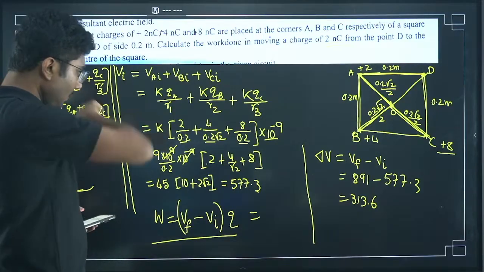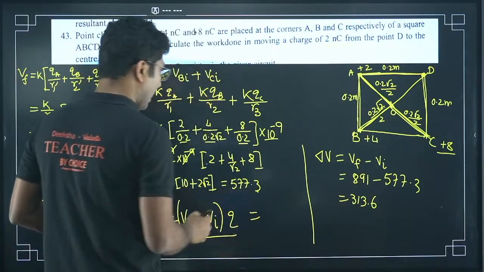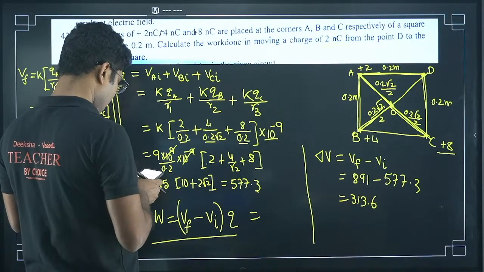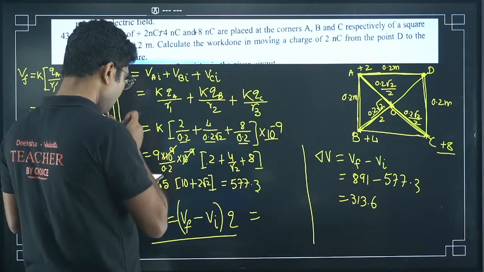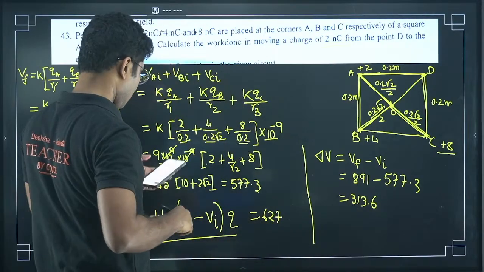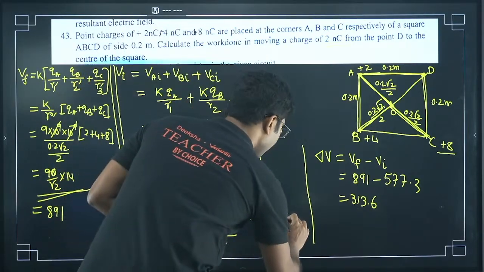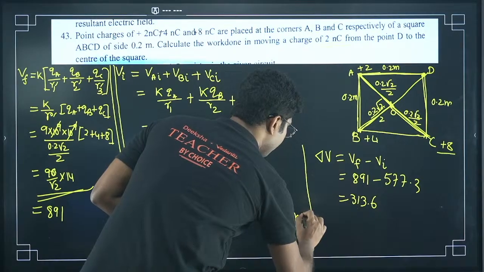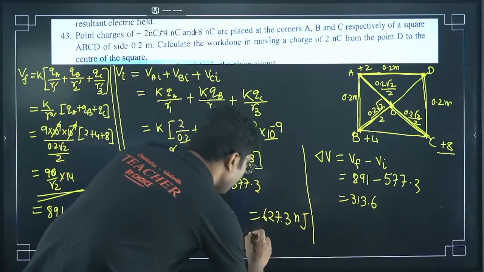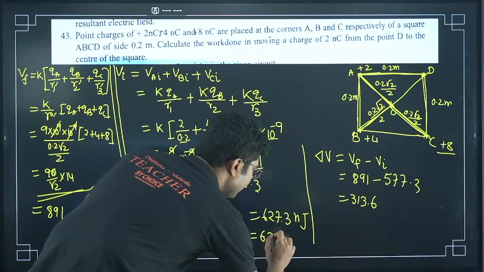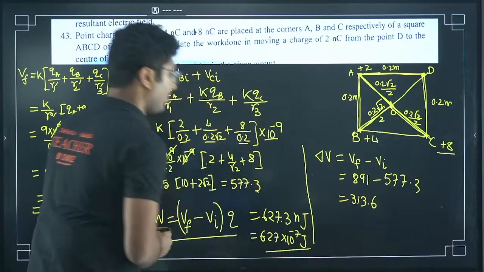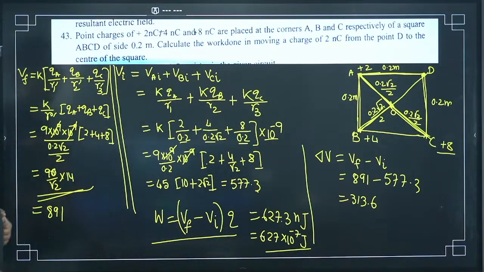Now you have to multiply it with 2 nanocoulomb. So it will be into 2. So it will be 627.3 nanojoules. Okay, either this, or if you want you can write this as 6.27 into 10 to the power of minus 7 joules. Okay, anyway you are comfortable, both are fine.